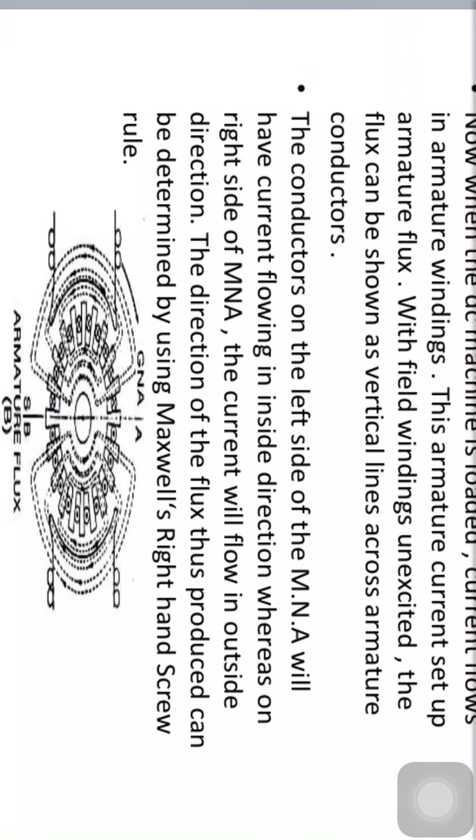The conductors on the left hand side of the armature carry current in the direction into the paper. The flux produced by current in these armature conductors is shown, we can observe here. These conductors combine their MMFs to produce a flux through the armature in the downward direction.